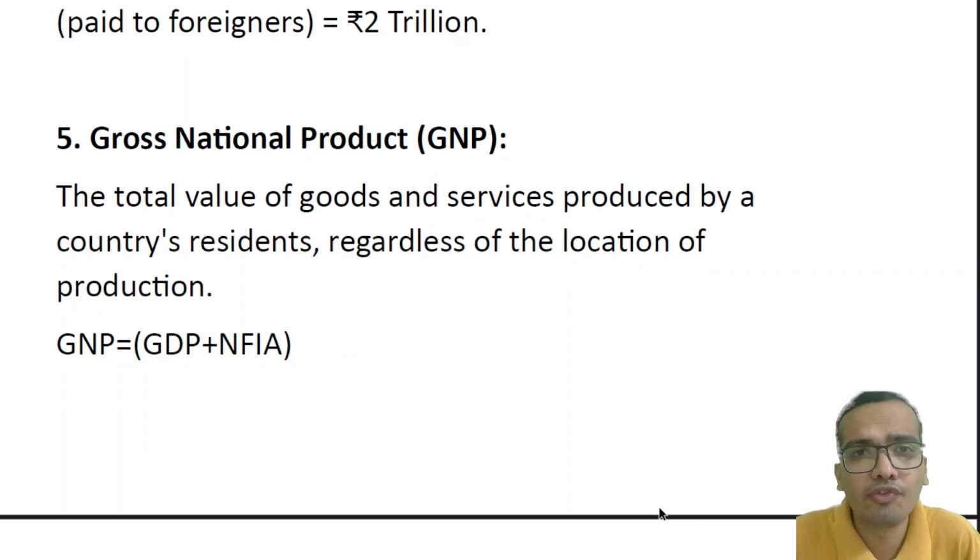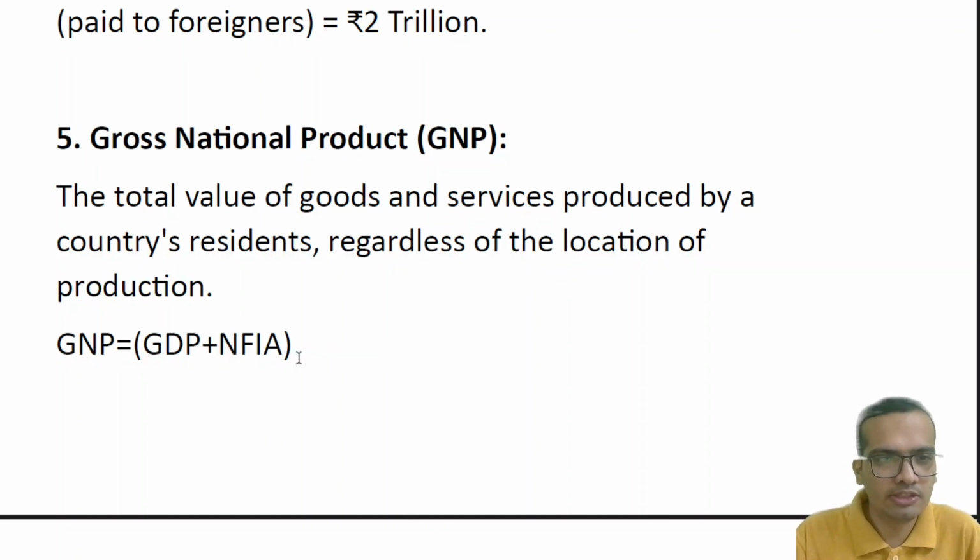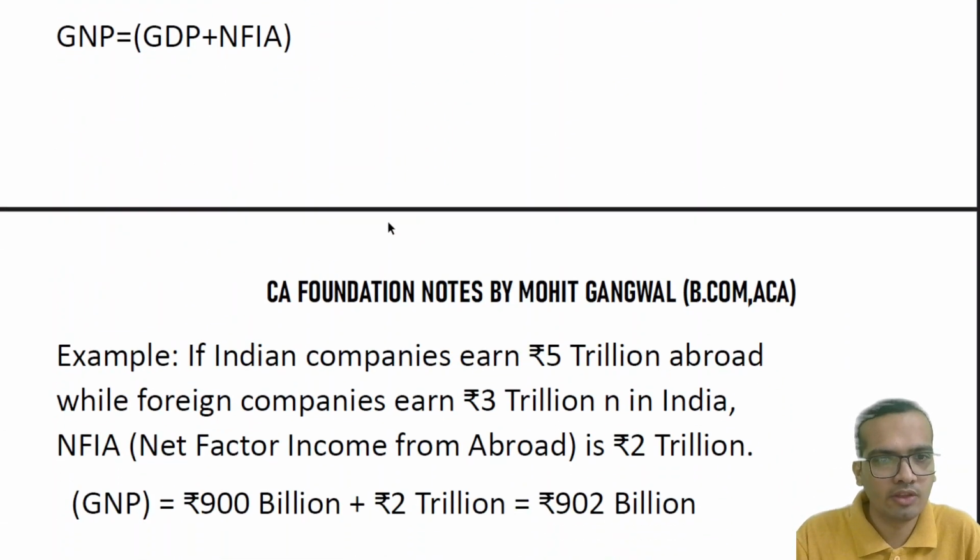Then comes the fifth concept, Gross National Product, GNP. So what is it? It is the total value of goods and services produced by a country's residents regardless of the location of production. It is nothing but GDP plus NFI.